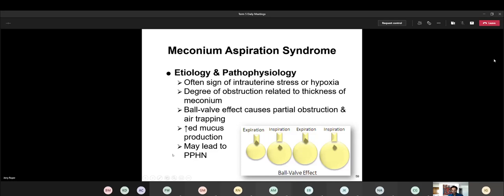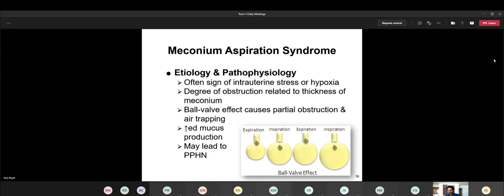So the meconium in this example would be like that ball bearing. Here's the meconium in the lower airway, and right now this is exhalation. So really, all this air is not allowed to leave because of the meconium stopping it.